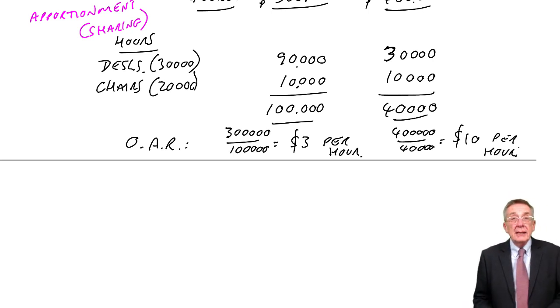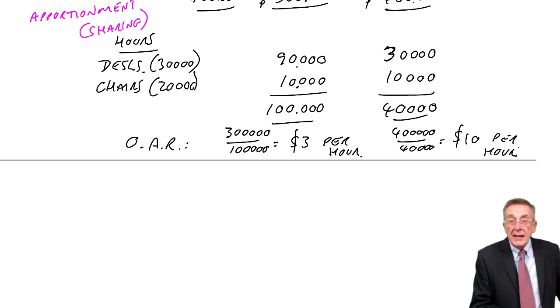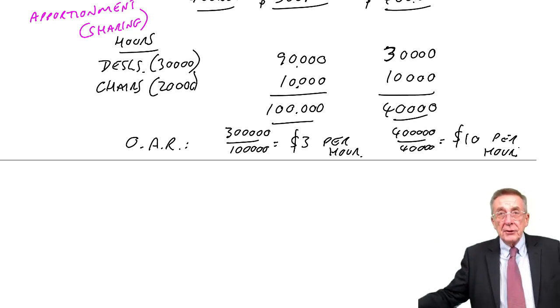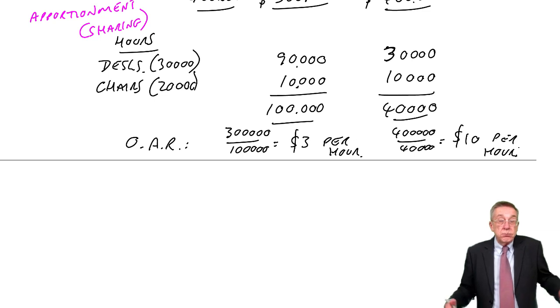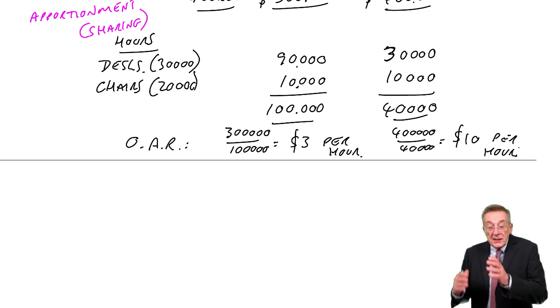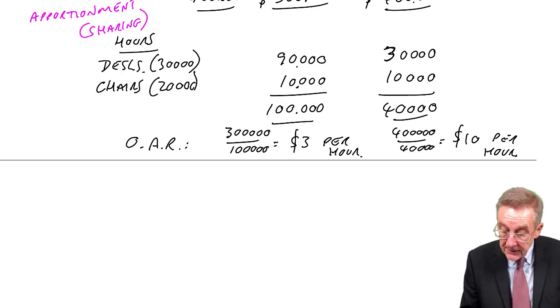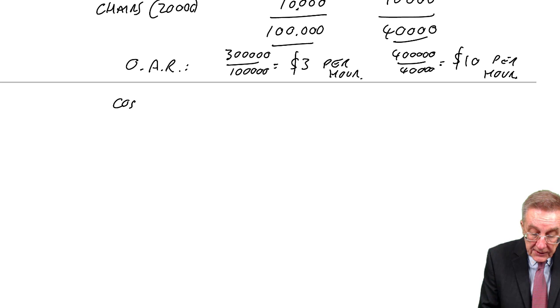So see what we've done. I'll do the cost cards in a moment. Whereas in the last example, we just had an hourly rate for the whole factory, here I can perhaps be a bit more precise, and I've worked out a separate hourly rate for each of the two departments. And so now let's do our cost cards.